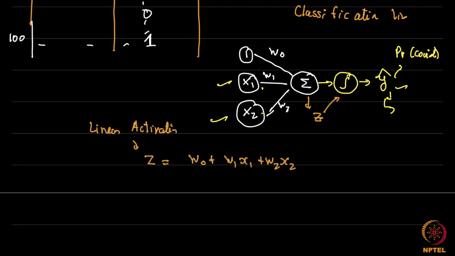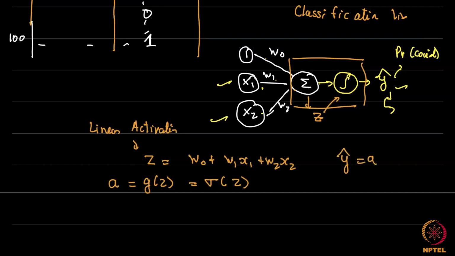Now, usually when you see a neuron in a neural network, as you will see, both these are put together, and it's assumed that both the linear combination and the nonlinearity happen one after the other. Then I will say A, just to say activation, is G of Z, which is basically sigmoid of Z. And Z is a scalar, so you do sigmoid of Z, and then you say Y hat is the same as A. So this is the sequence of steps we follow for the forward model.